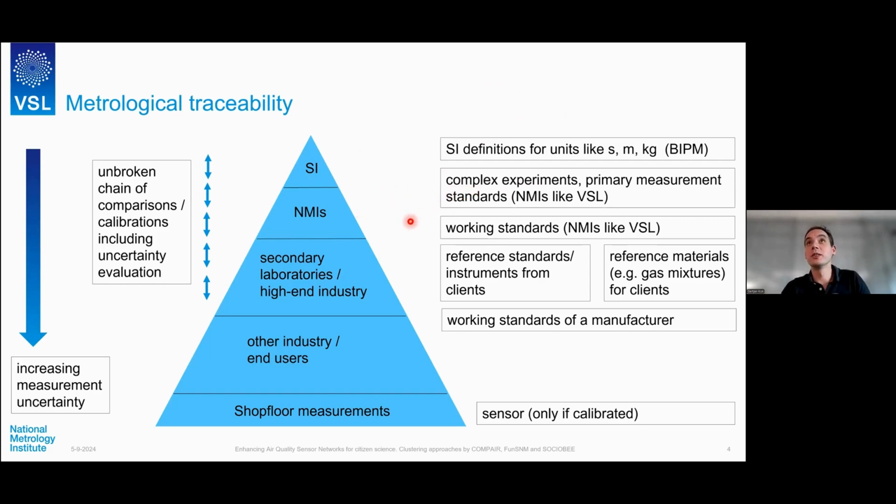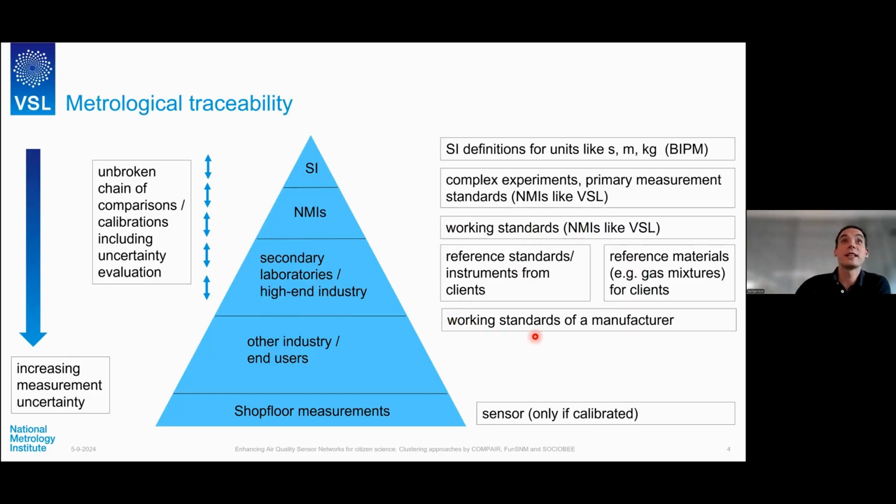Then we also have more practical measurement instruments and standards that are working standards. Then we calibrate reference standards and instruments from clients, or we also supply reference materials, for example gas mixtures, where it says you have so much ppb or ppm of NO2 in nitrogen, so certified reference materials.